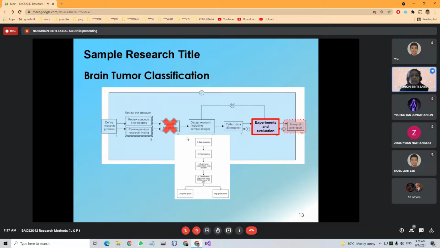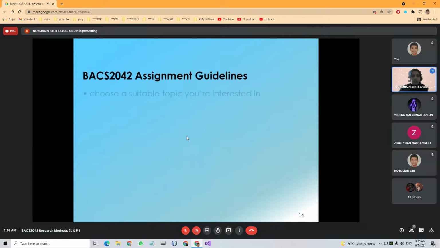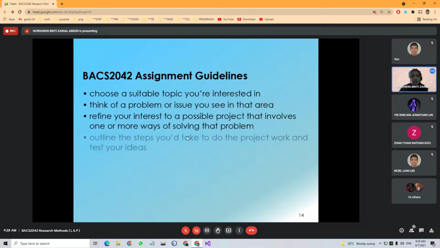That is normal in experiments or research, because a hypothesis is like a theory that you want to prove. A theory can be true and can be wrong. For your assignment, for the newcomers, I will touch on it later in our progress update for the group.